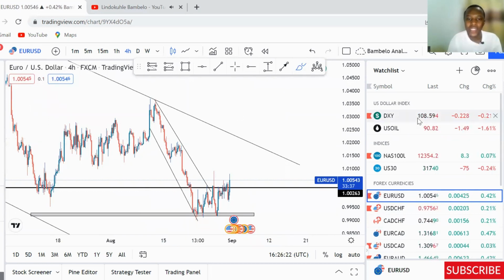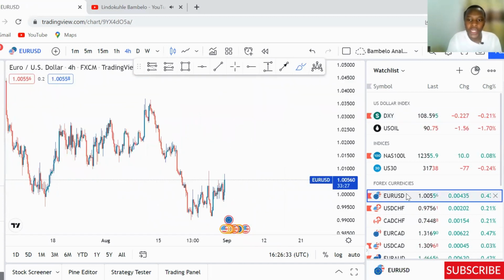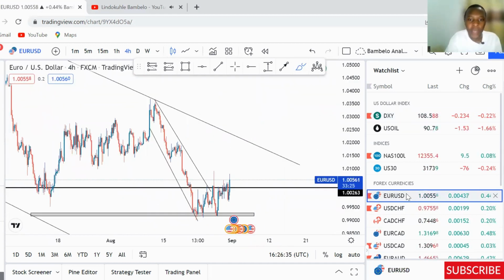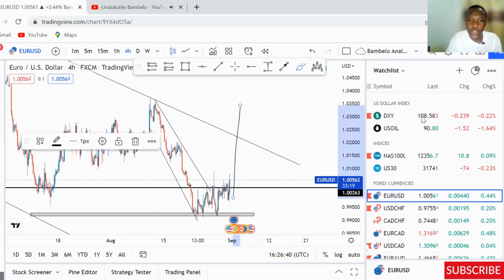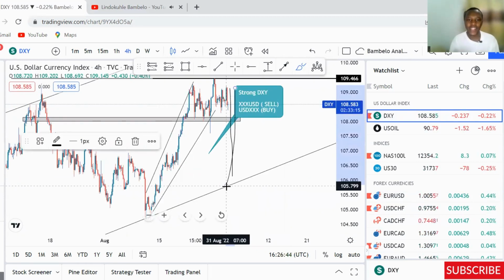But if you turn the tables around, when we have a weak dollar, if the DXY would sell, for example, then this means that the dollar is going to be weak. As a result, Euro USD is going to be a buy. So for example, if USD Swiss francs ends up being a buy, you will also notice that the DXY is going to go down, right? So that is a negative correlation amongst the DXY and all other pairs that involve the DXY.